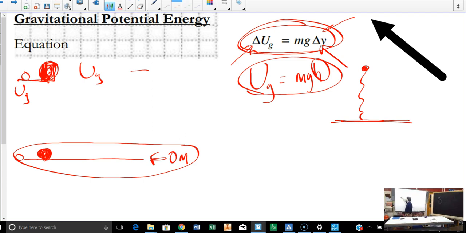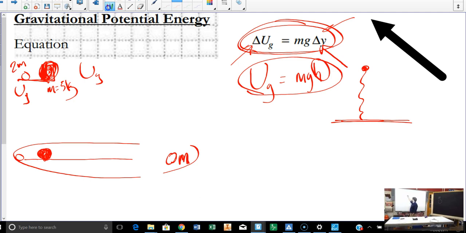So if I said that you have a bowling ball here that's way up high, and it has a mass of, say, 5 kilograms, what would its gravitational potential energy be at that location if we assume that the ground is 0 meters and let's say the shelf is 2 meters tall?